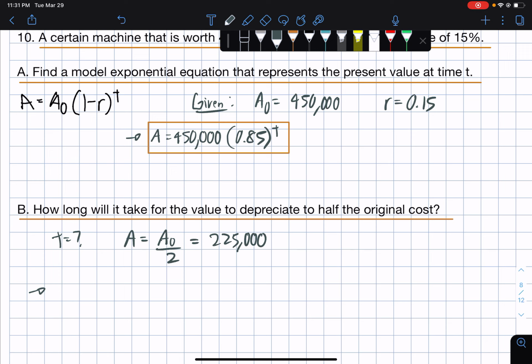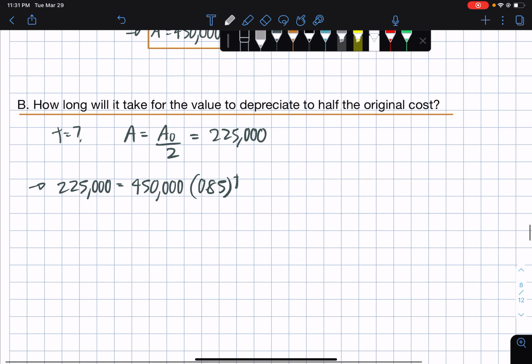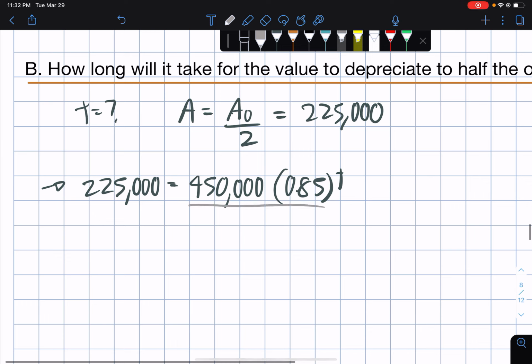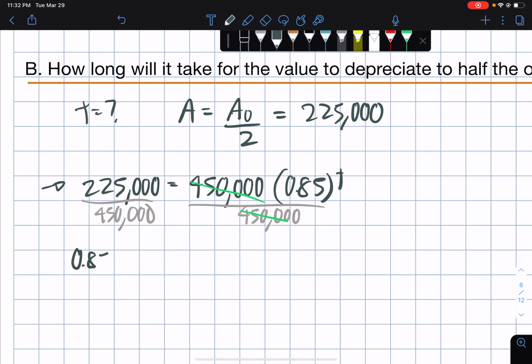Never mind, my brain's a little malfunctioning at the moment. 225,000 is equal to 450,000 times 0.85 raised to t. We're solving for t. Divide both sides by 450,000. Then 0.85 raised to t is equal to 1 over 2.